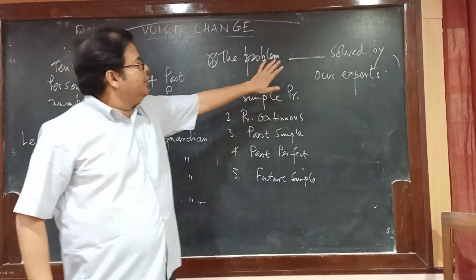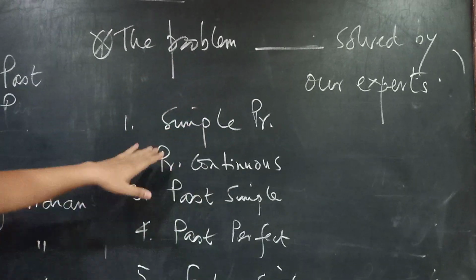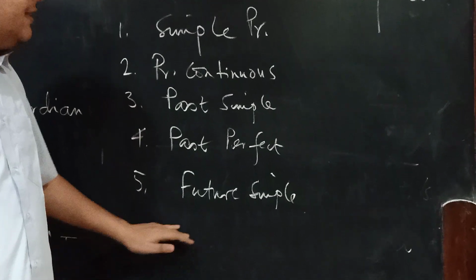The exercise is to supply a suitable be verb here to make the sentence simple present, present continuous, simple past, past perfect and simple future.